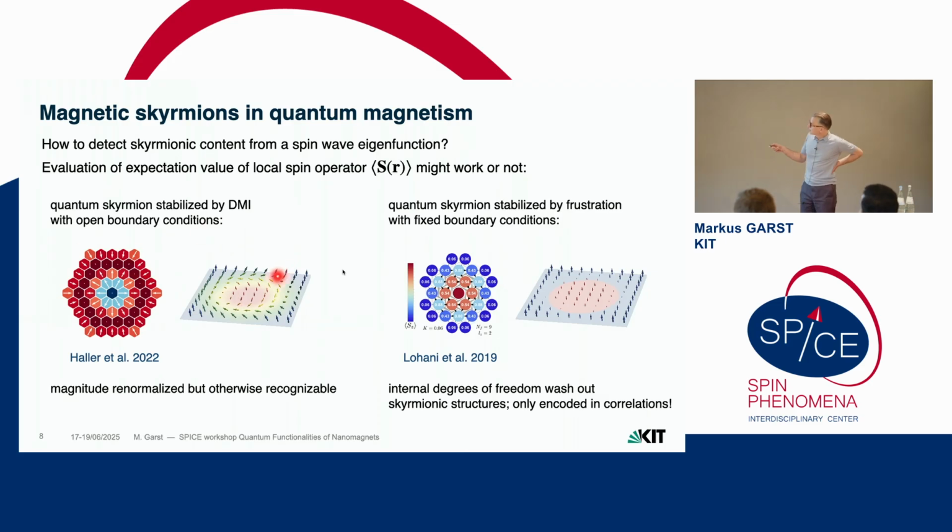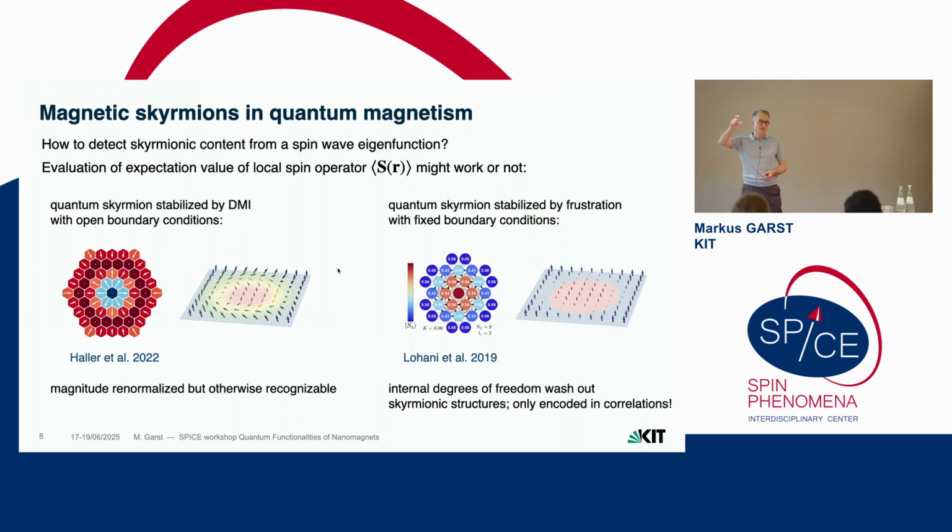And then what they found is what we would call a Néel skyrmion. So it very much looks like a classical configuration. However, the only difference is that the spin length might actually vary. So there is a quantum renormalization of the spin length.